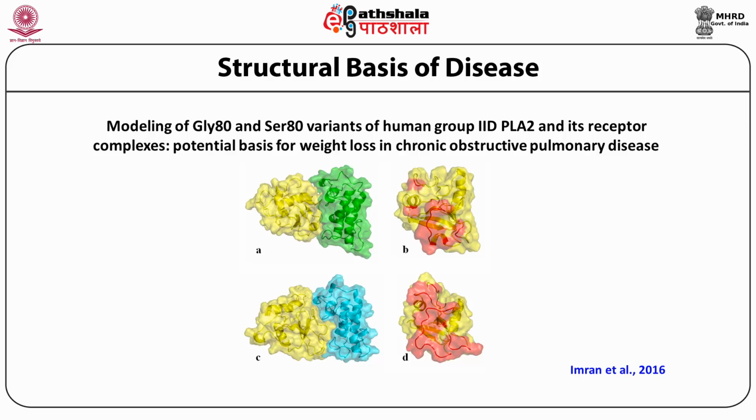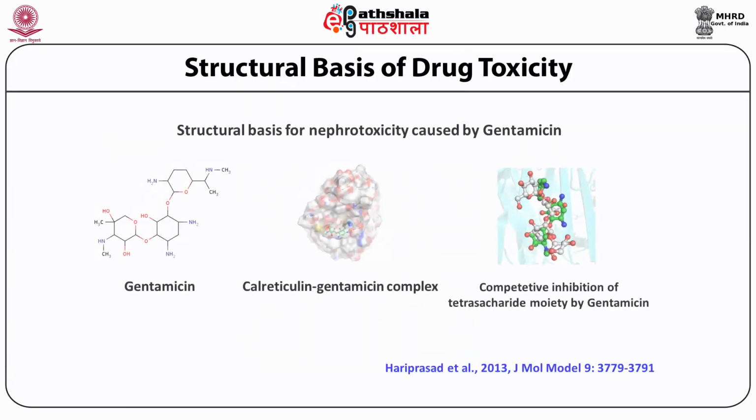What does that mean? It means that serine 80 is a more potent ligand for this particular receptor, thereby triggering the release of cytokines that cause or mediate weight loss in patients with chronic obstructive pulmonary disease.